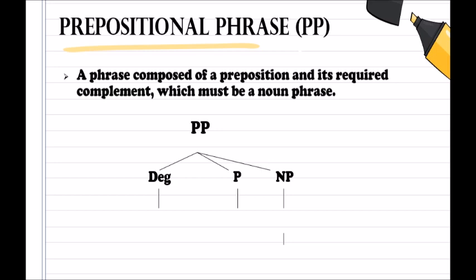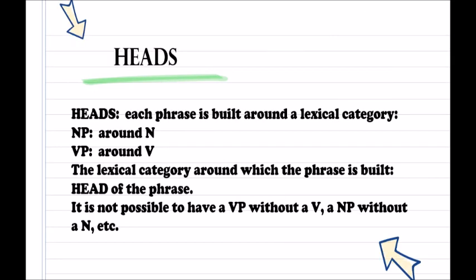For example, almost in love. Almost is a degree word. The head is the in, which is the preposition, and the prepositional phrase consists of a noun phrase, which is the word love.